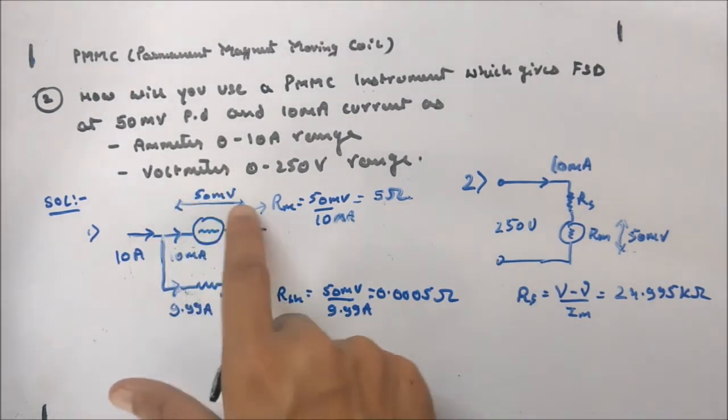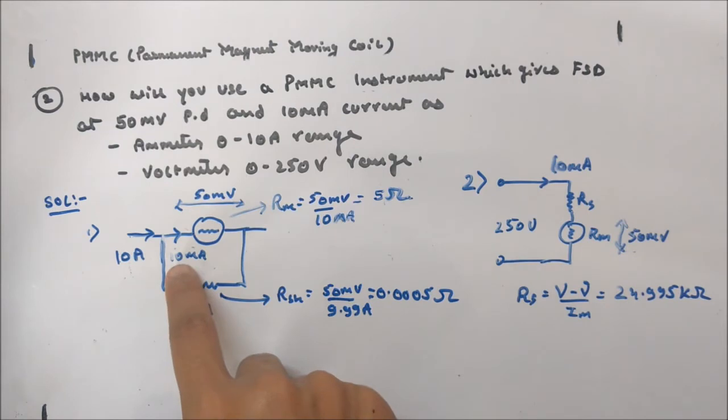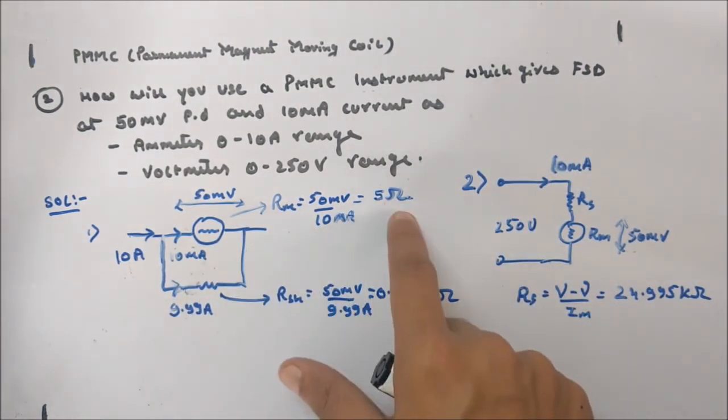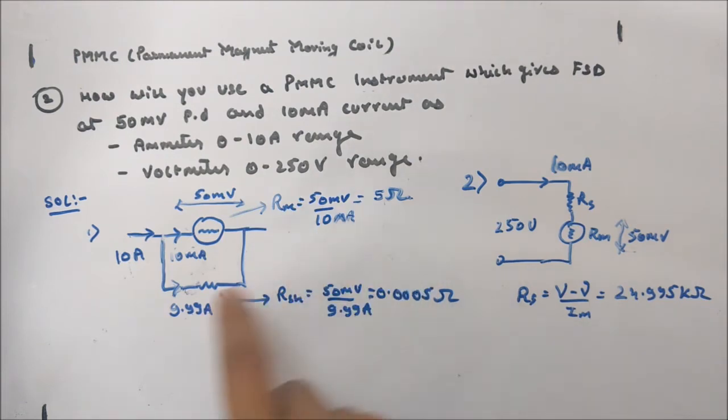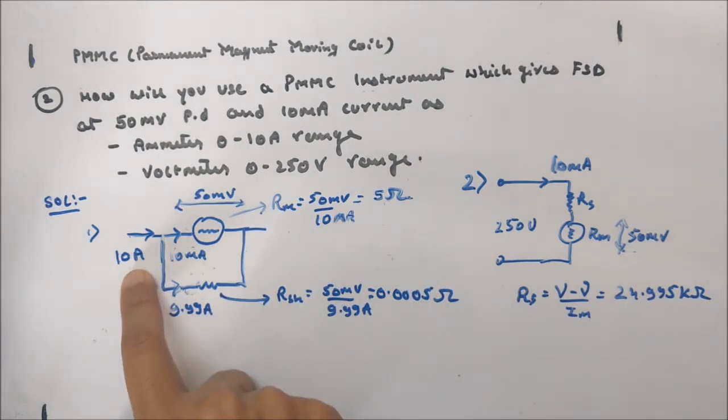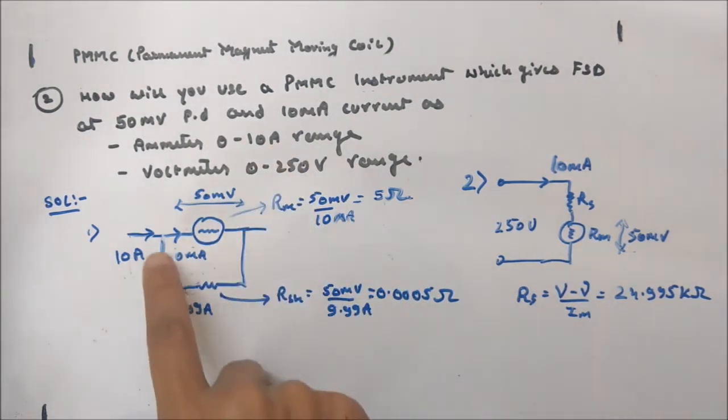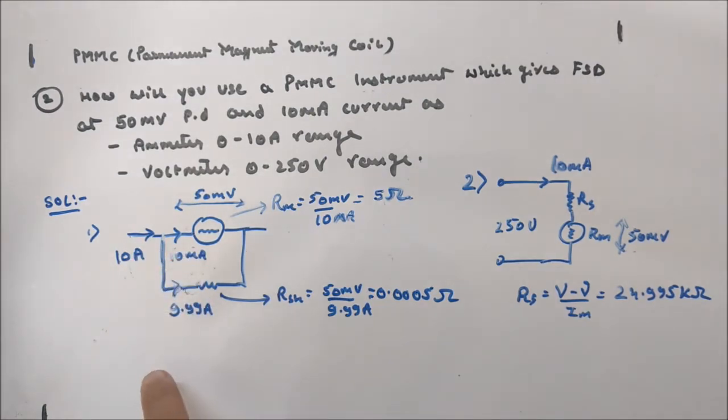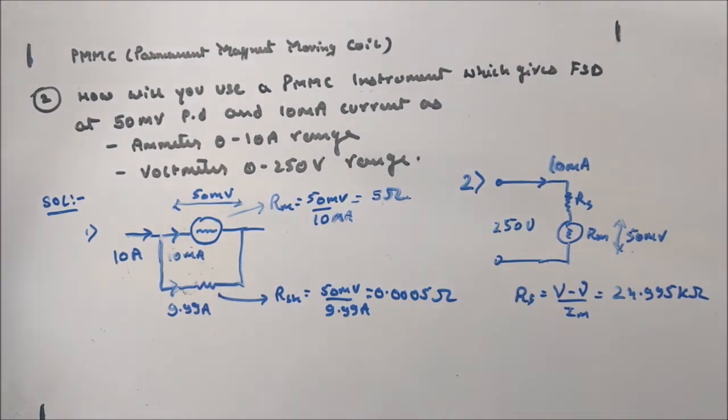Rm will be the potential difference, that is 50 millivolt, divided by the full scale deflection current, that is 10 milliampere, which comes out to be 5 ohm. Then you know the line current because of the range, so you subtract these two values and you will get the value of shunt current, that is 9.99 ampere.